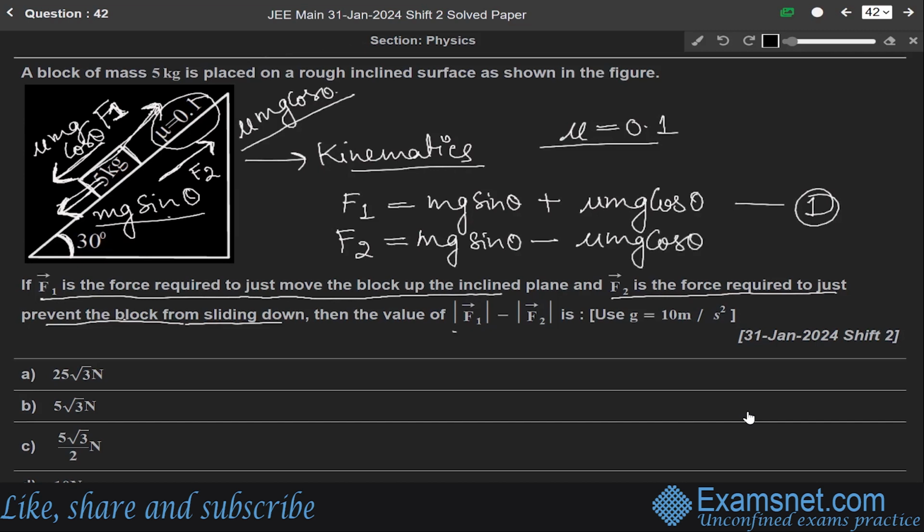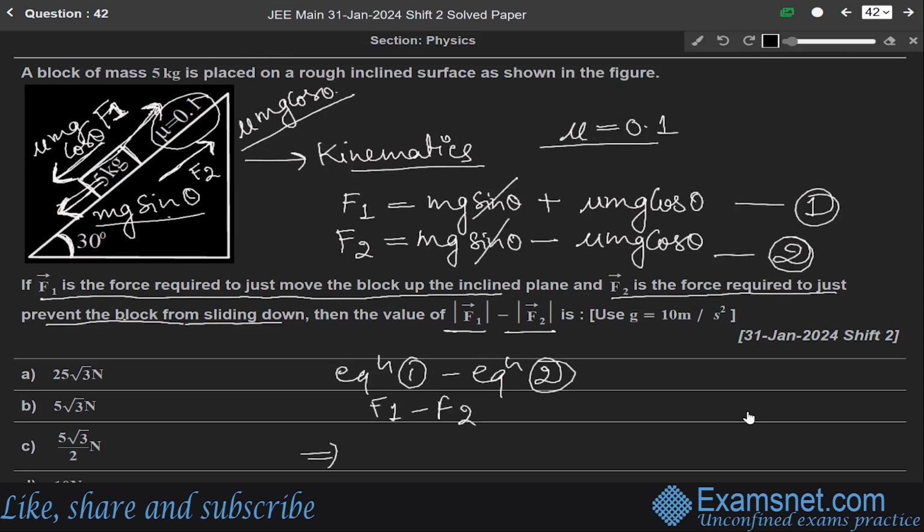Now we have to find the magnitude of F1 minus F2. So equation 1 minus equation 2, F1 minus F2, the mg sin theta cancels out. We get 2 mu mg cos theta.